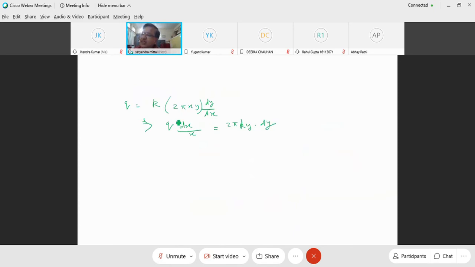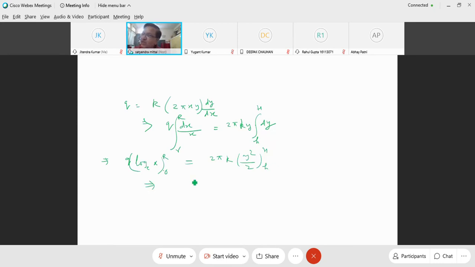Now you can integrate it. You can integrate it from small r to capital R, and this you can integrate from small h to capital H. So it will be Q log e x from small r to capital R is equal to 2 pi k y square upon 2 from small h to capital H.